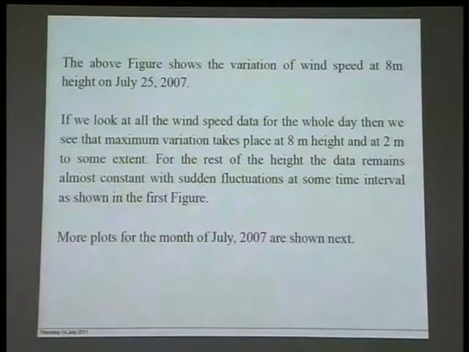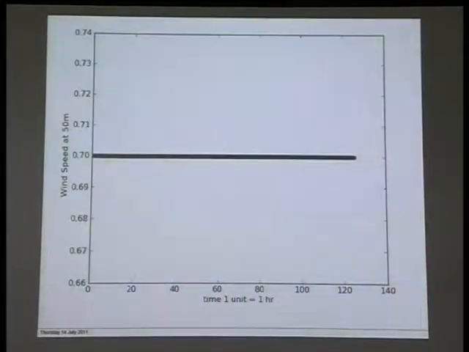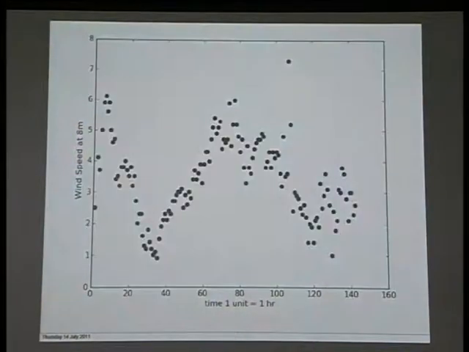According to that analysis, the maximum variations seem to take place at 8 meters height and at 2 meters. For the rest, it seems to be almost constant. Here at 50 meters it's just a constant, and piecewise constant in some cases on particular dates. At 8 meters you see some variations.